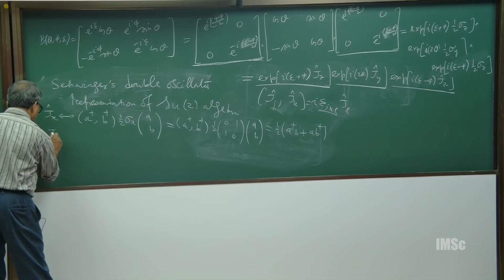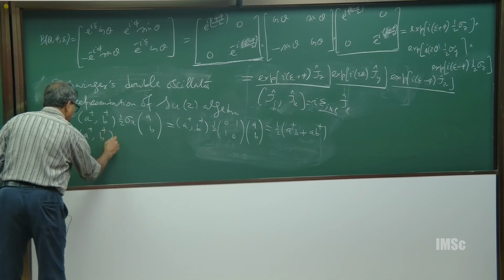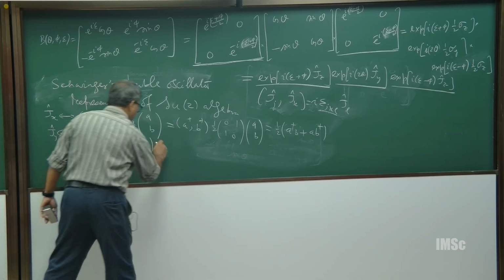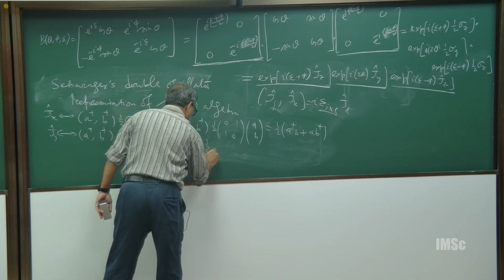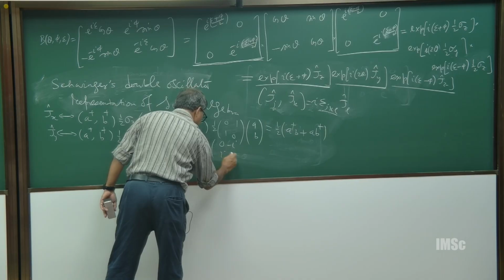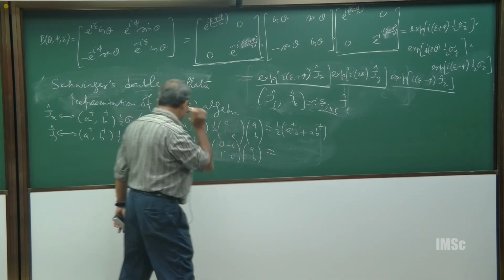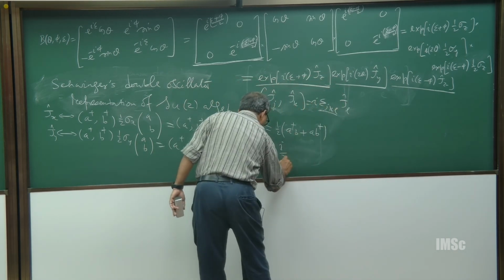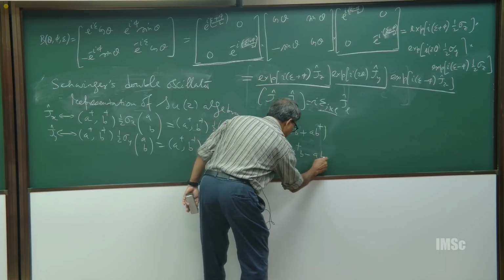Similarly, Jy is A dagger, B dagger, half sigma y, A, B, which is A dagger, B dagger, then half 0, minus i, i, 0, A, B. What will that be? It will be i by 2, A dagger B minus A B dagger, right?